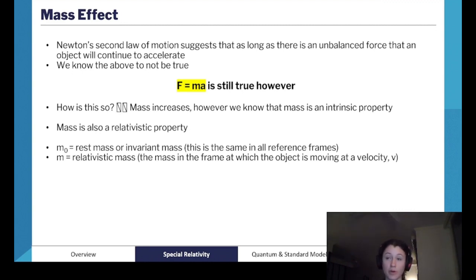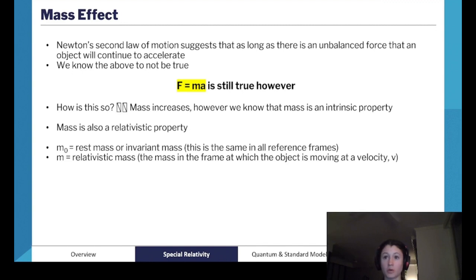And as we're putting force in, what we see is that the mass of the object actually increases, which is kind of crazy, right? If you're trying to accelerate an object and it's getting close to the speed of light, the energy that you're putting in is not even going towards accelerating it, but towards making its mass bigger.